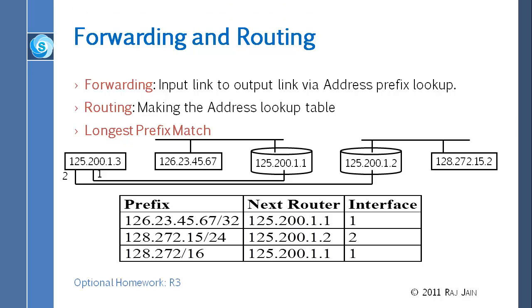So interfaces are 1 and 2. There are two interfaces. Can you send it to different routers from the same interface? Yeah. You can send it to different routers from the same interface, because there is a connection like this Ethernet connection, and there could be many computers connected here, many routers connected here, and you could have only one interface on which you could send to many routers.